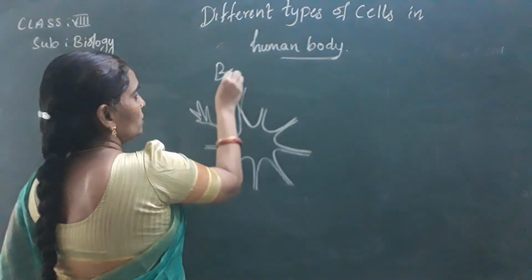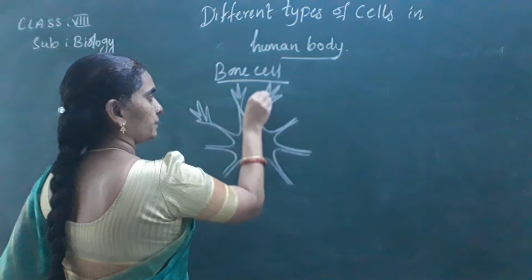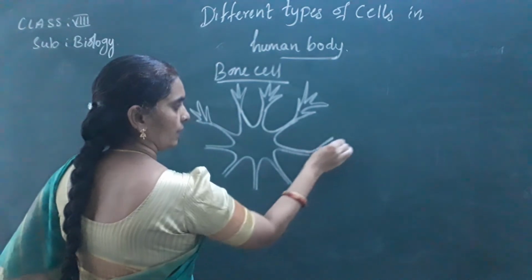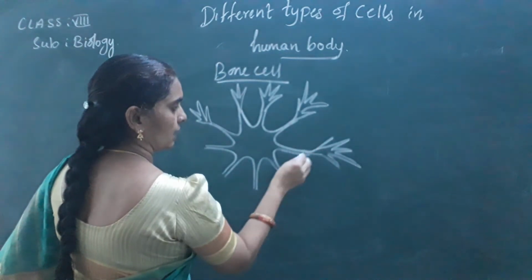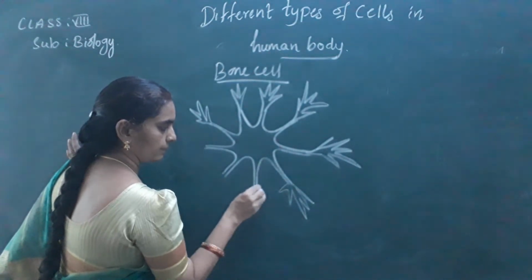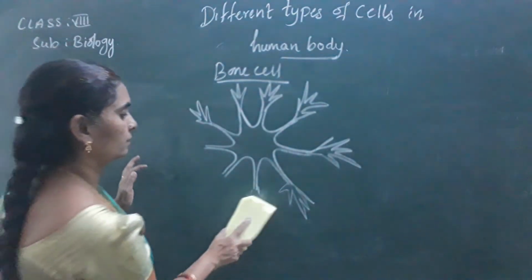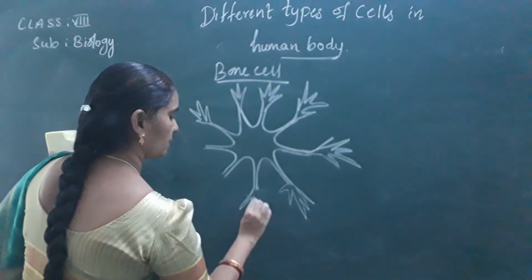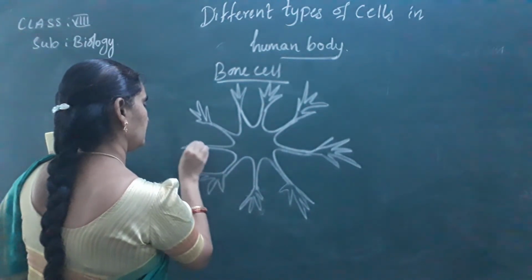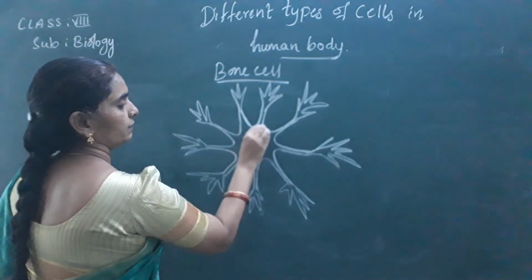See, children, this is the bone cell. It is a star-shaped cell with the nucleus embedded inside, with cytoplasm within.